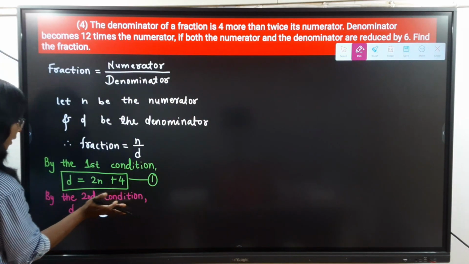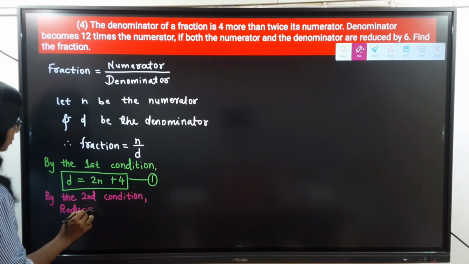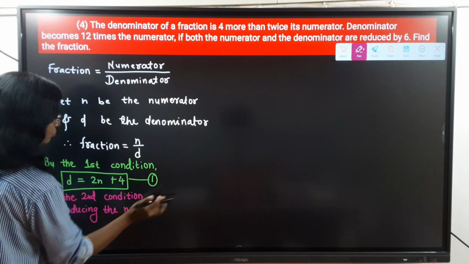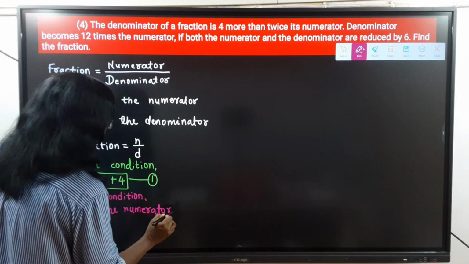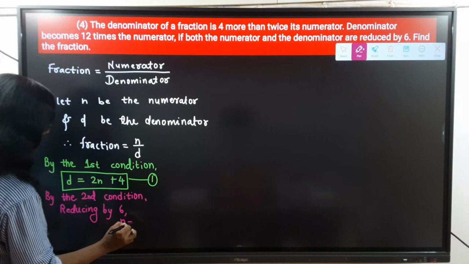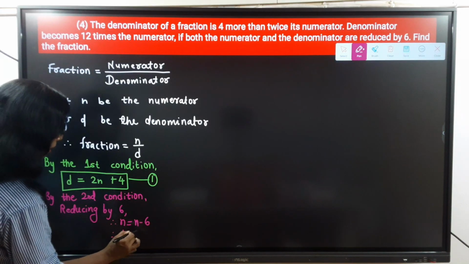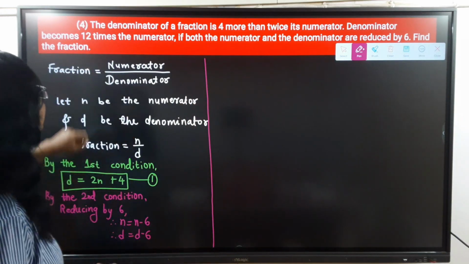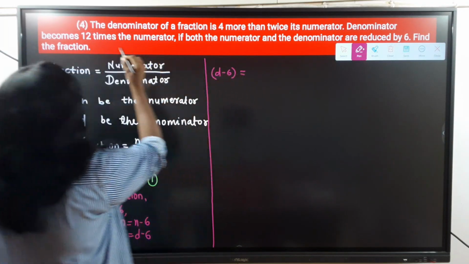So by reducing the numerator by 6, the numerator becomes n minus 6 and the denominator becomes d minus 6. Then we apply the second condition, that the denominator becomes 12 times the numerator.